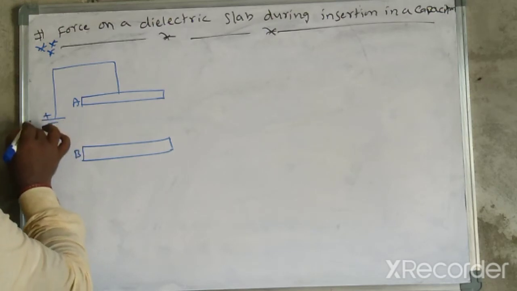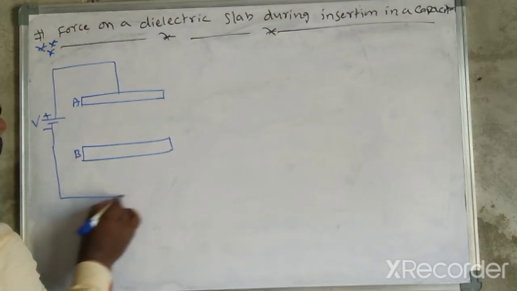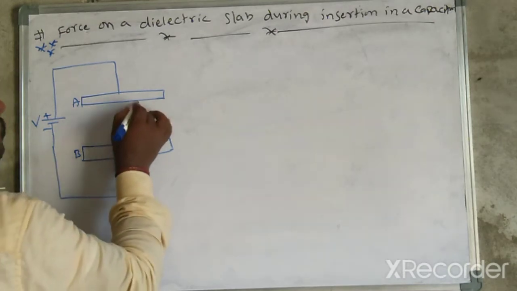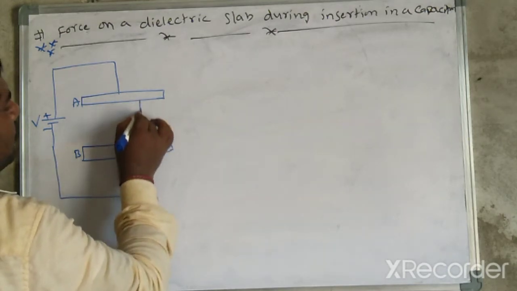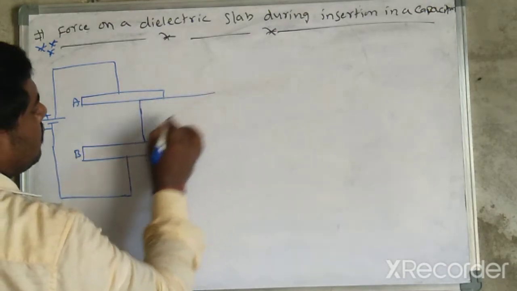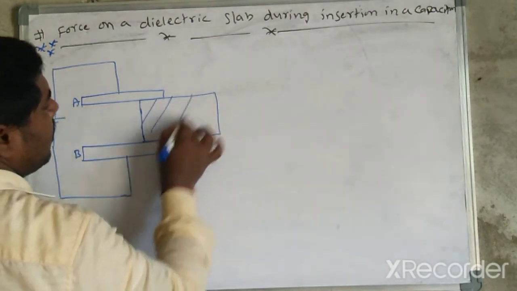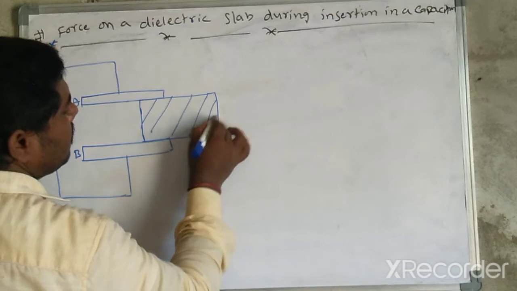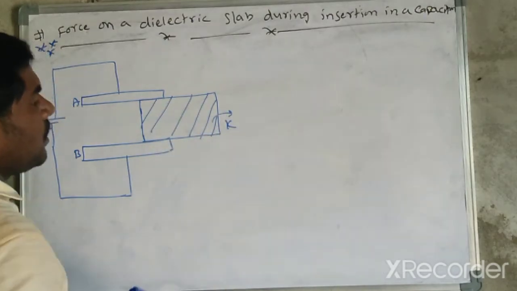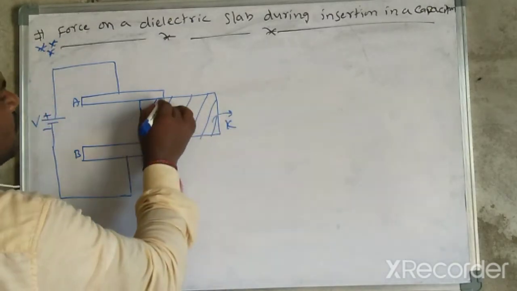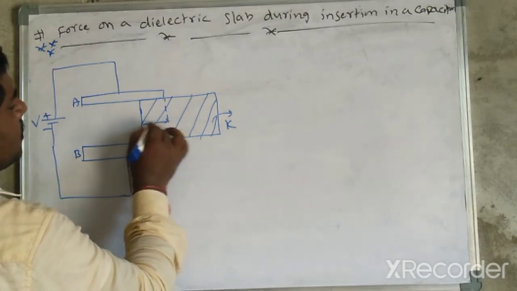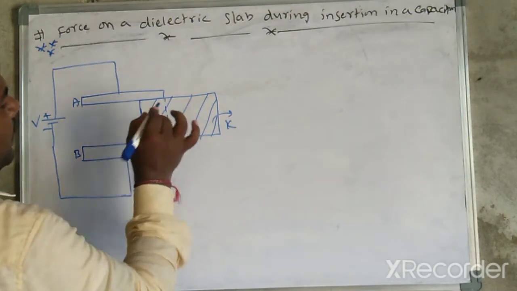So this is positive, here the potential V, and here the battery negative is connected. Up to here, this is the dielectric slab, with dielectric constant K. Up to here, the distance from this point is x.